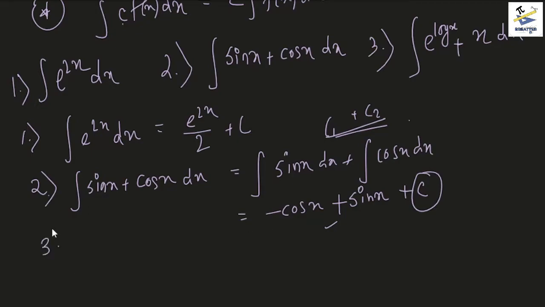And for the third one, it's the integral of e to the power log x plus x dx, but we observe that e to the power log e of x, which is the natural logarithm, is just x.